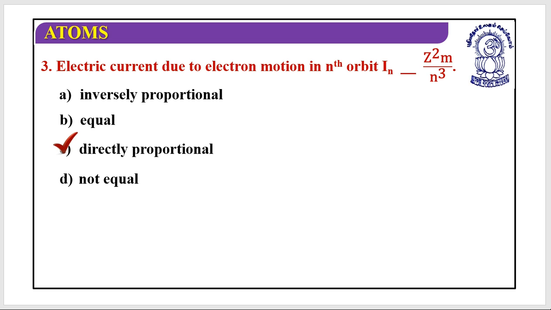Next, the electric current due to electron motion in the nth orbit, I, is directly proportional to Z square by n cube. I hope this is clear.